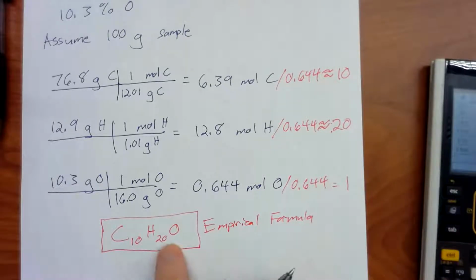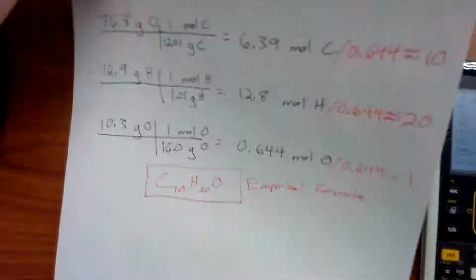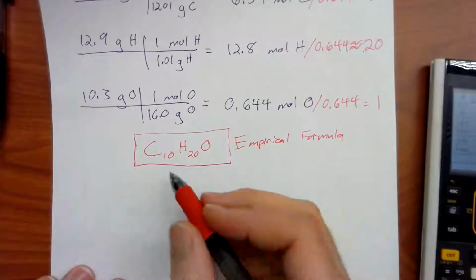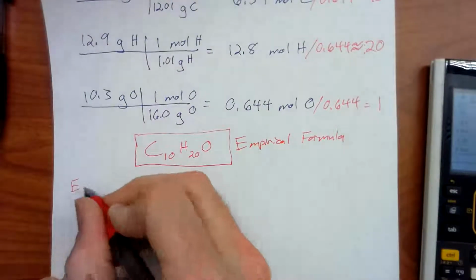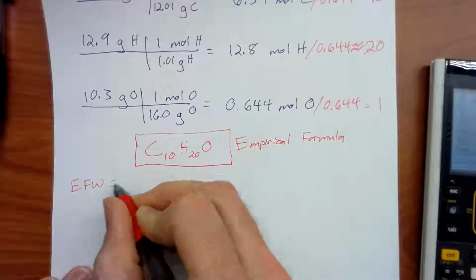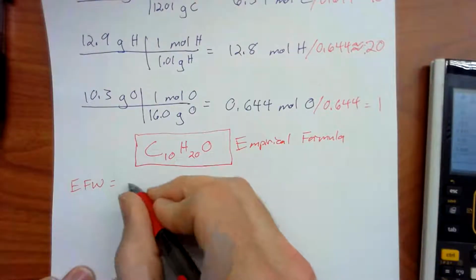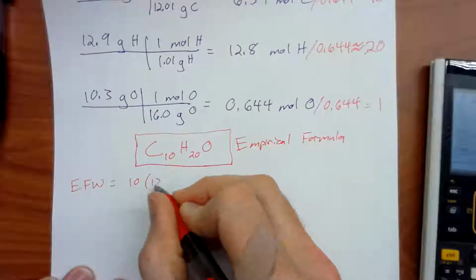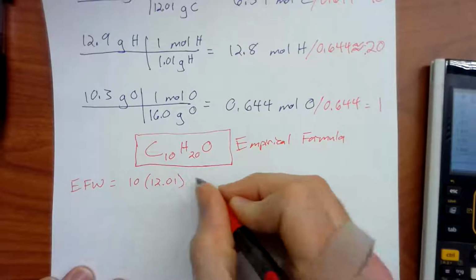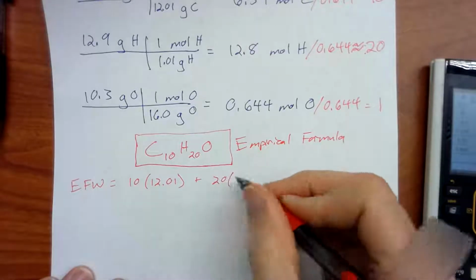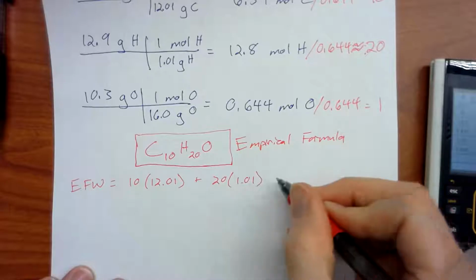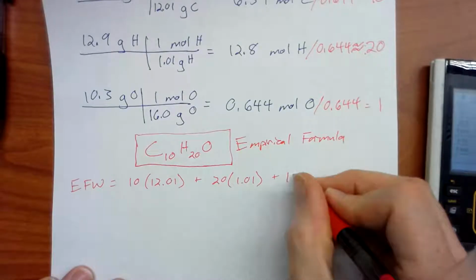So they could be both the same. Let me check it out. So what you need to do is find the EFW, or the empirical formula weight. That's basically all you need to do: take 10 times the molar mass of carbon plus 20 times the molar mass of hydrogen plus 16.